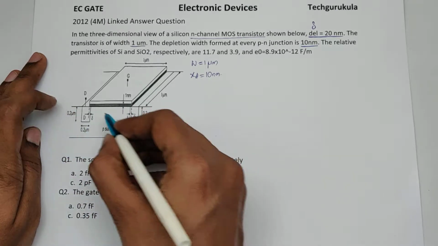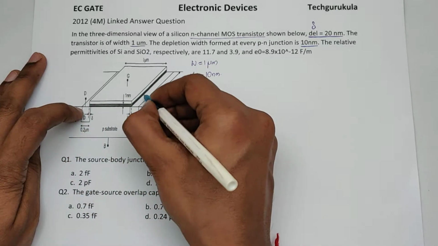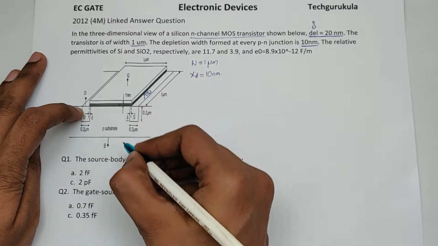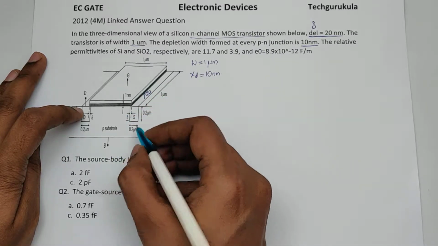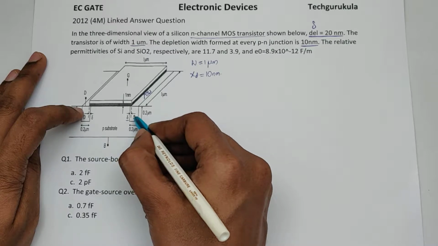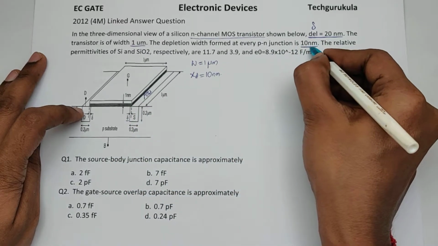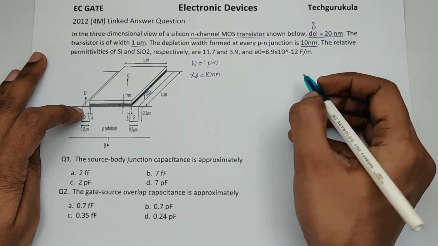And these two regions, the drain and source, this is source, are N-type. So that when there is P and N, there will be depletion region around them. That's a depletion region width given as 10 nanometers.